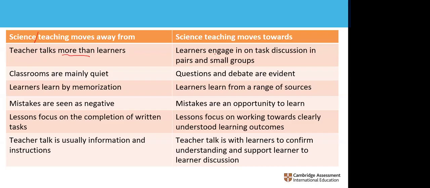So we expect that learners engage in on-task discussion in pairs or small groups. Your work as a teacher is to observe what the children are doing and supplement what they are discussing.